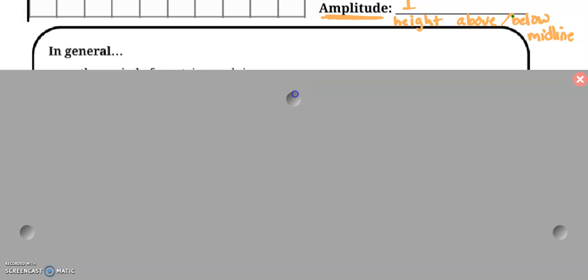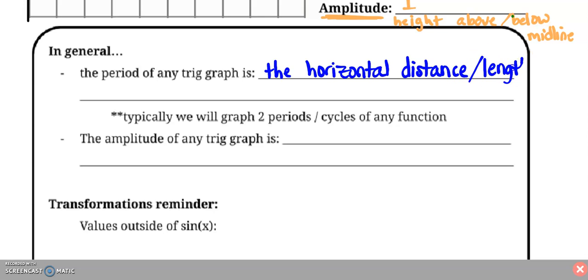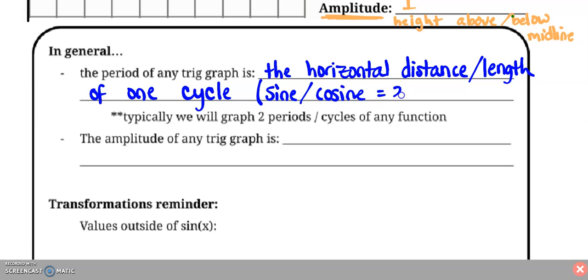A few other pieces of vocabulary. As I said, the period of any trig graph is the horizontal distance or length, depending on which word makes more sense to you, of one cycle. And for sine or cosine, that length equals 2 pi.